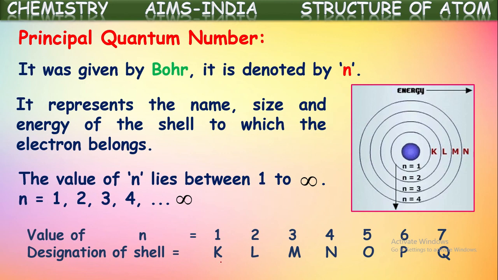The first shell is the K shell, the second one L shell, the third one M, N, O, P, Q, and so on. In this way, shells or orbits in an atom are denoted. In these orbits, electrons are revolving around the nucleus. The shell number or shell name gives even the energy of the electron associated with that shell.